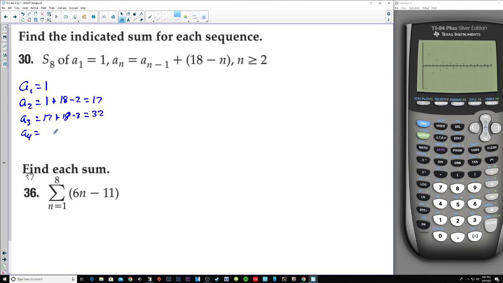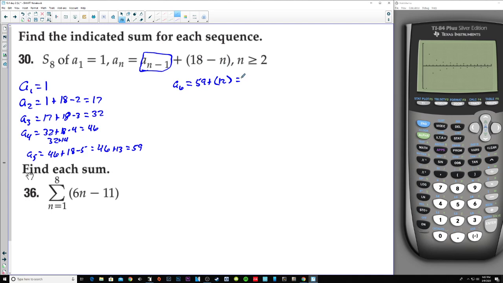So a sub 4 is 32 plus, because we're going with the one before, this is recursive, 32 plus 18 minus 4. That's 32 and 14, 46. Got a few more to go here. A sub 5 is 46 plus 18 minus 5. 46 plus 13 is 59. A sub 6 is 59 plus 12, because we have 18 minus 6.